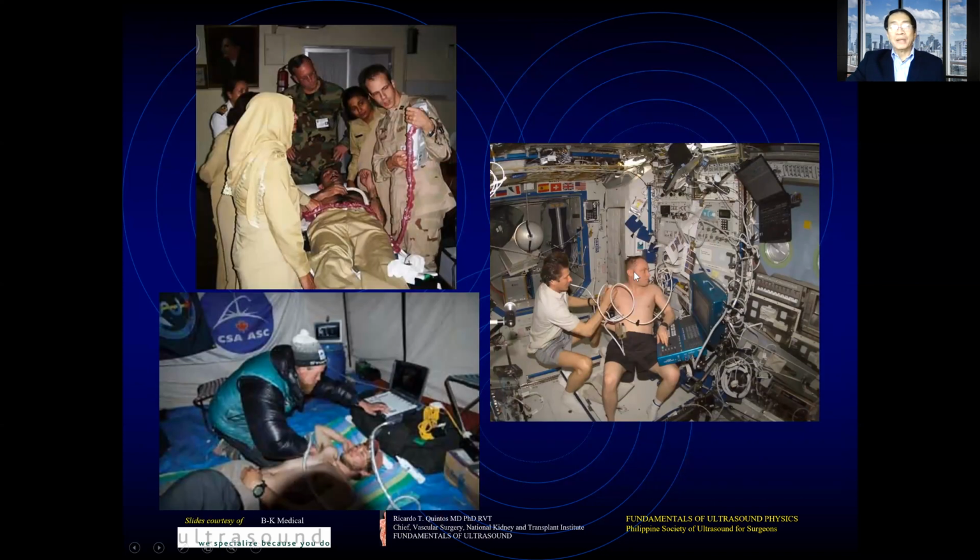And ultrasound has become such an essential tool that it is now being used in the field, in the military, and in the waypoints of Mount Everest, in extreme environments, up to even the space shuttle in the maintenance of health of the astronauts living there for extended periods of time.